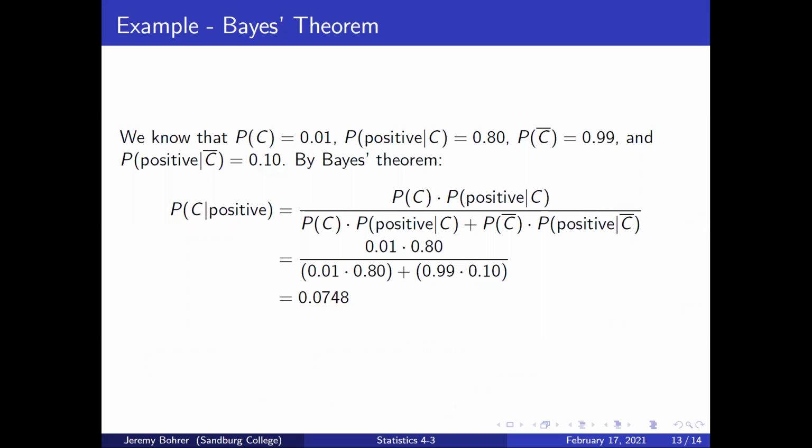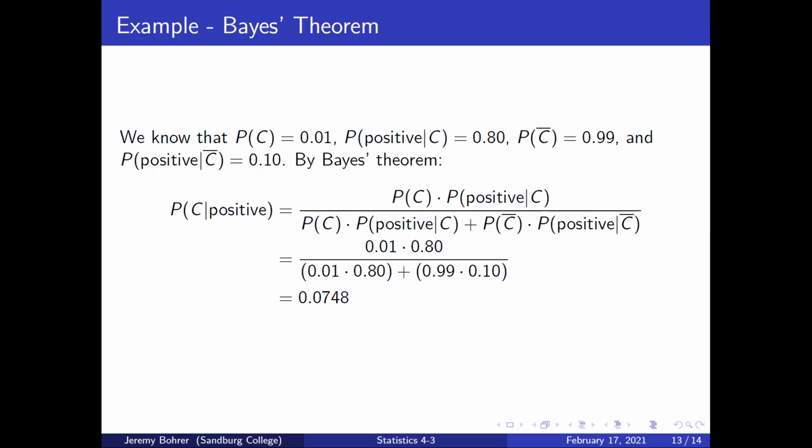Now, using Bayes' theorem, we know that the probability of cancer is 0.01. The probability of a positive test result given cancer is 0.80. The probability of no cancer is 0.99, and the probability of a positive test result given no cancer is 0.10.